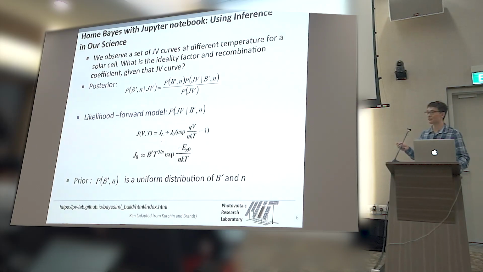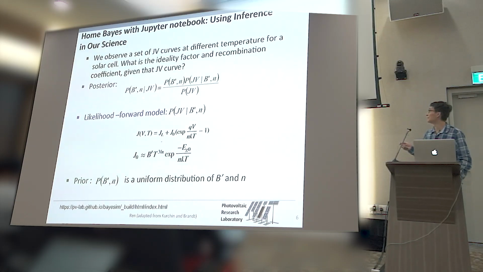So here we are trying to infer B prime and N. B prime stands for the recombination coefficient, and N is the ideality factor of your device. JV is just the measured current-voltage curves. And so we want to know the probability of B prime and N given this JV.